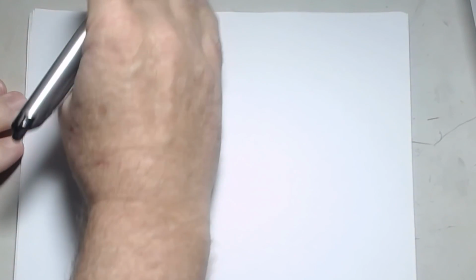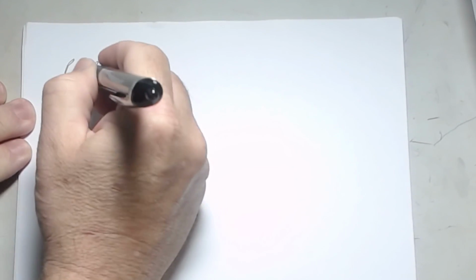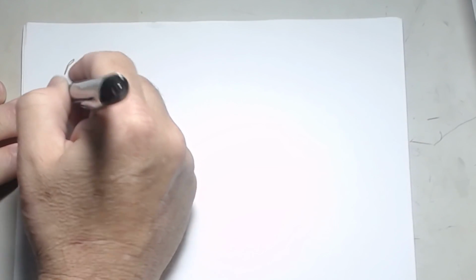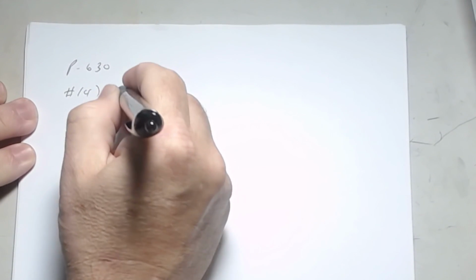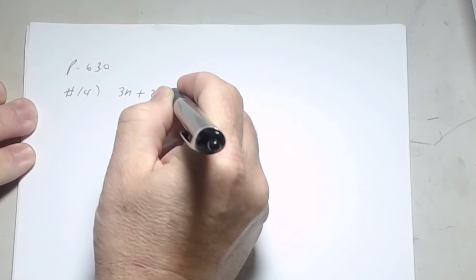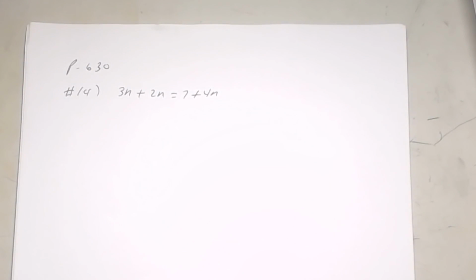This is going to be number 14 on page 630. Number 14. And here's 14. You have 3n plus 2n equals 7 plus 4n. All right? So you have this linear equation.